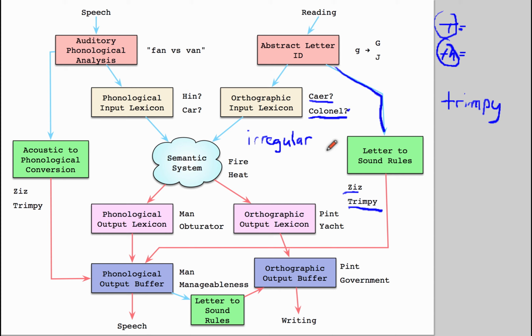It should be pronounced colonel. If the orthographic input lexicon is damaged, then when you see this word, you have no other choice but to go through this sound it out route, in which case you will read it out loud as kernel. Okay?